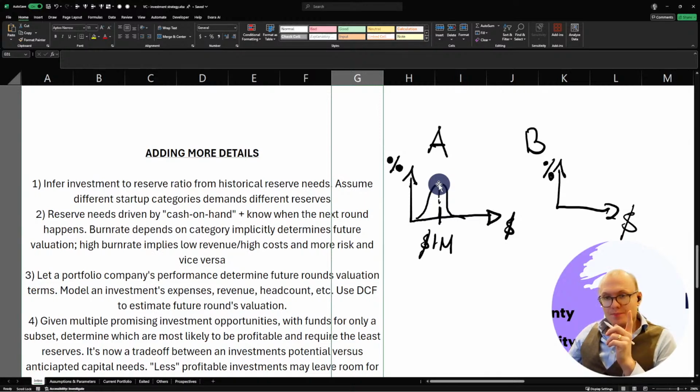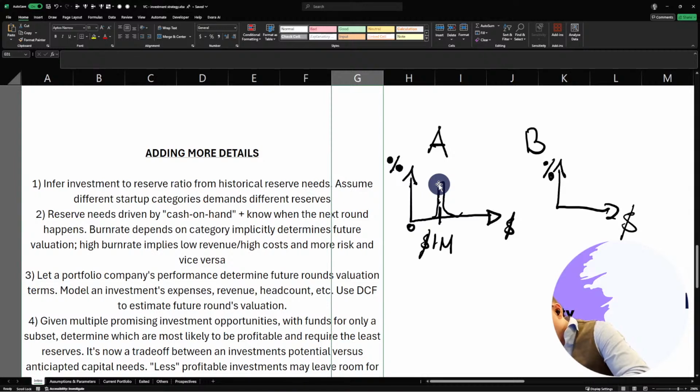But what if B, on the other hand, here, I'm going to make this more egregious in the example. Let's just say it is very, very likely that A is just exactly on top of 1 million. So down here we have 0 there. But now let's say instead that B has 10 million up here.